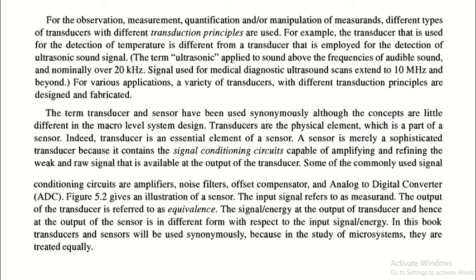So just understand in simple terms that a transducer is a device which converts one form of energy into another form, and mostly that other form is electrical energy, and the combination of transducer along with signal conditioning circuit is known as a sensor.